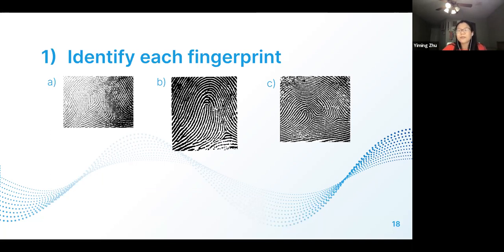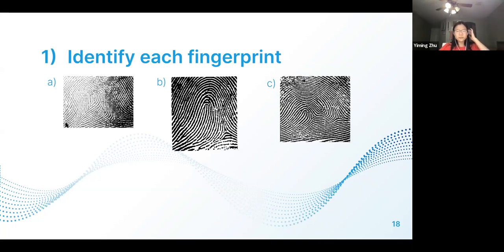So for A, this is a central pocket whorl. I explained how it looks kind of like a magnifying glass, maybe a little bit like a peacock feather, where the top right here is a little bit like a whorl, and then right here it goes down and looks more like a loop.